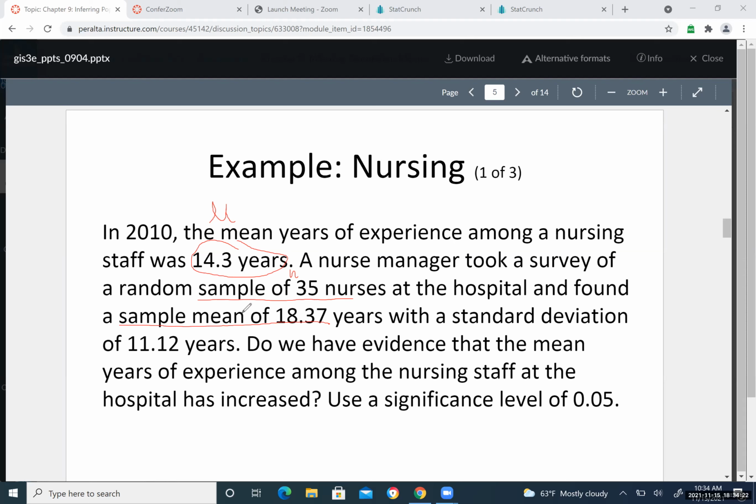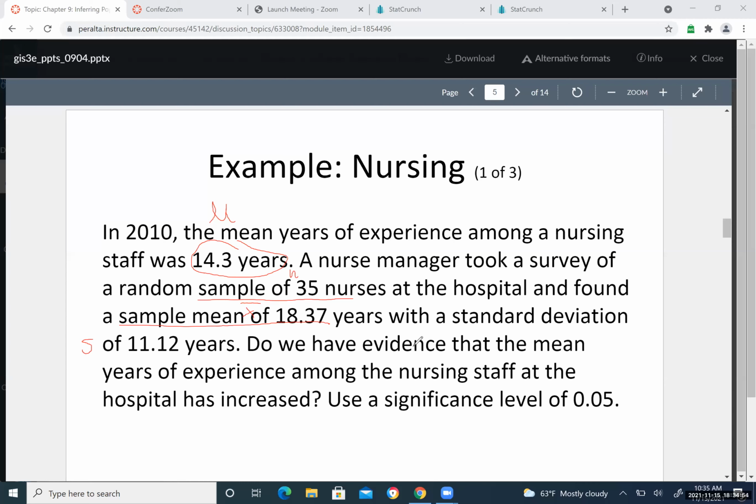So this value is our X bar. Okay, with a standard deviation of 11.12 years. So this should be S.